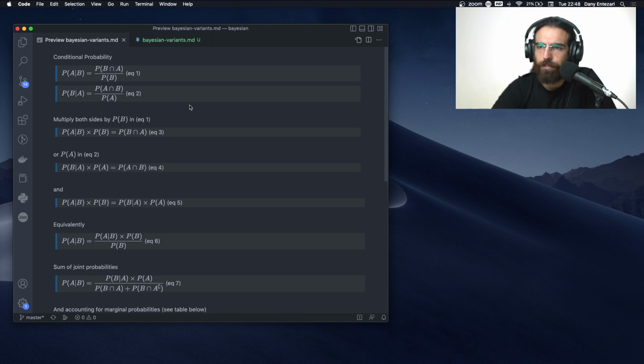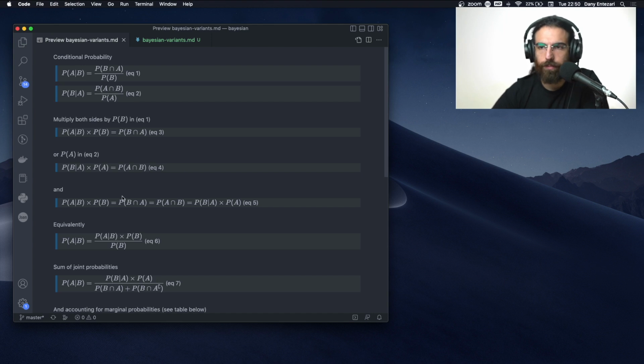But anyway, we said that these two can be moved around. Intersection is a commutative operation. So whether we say probability of B and A or the probability of A and B, it's the same thing.